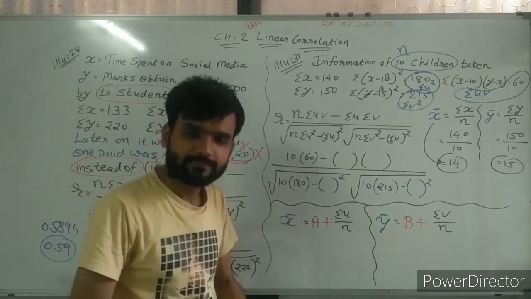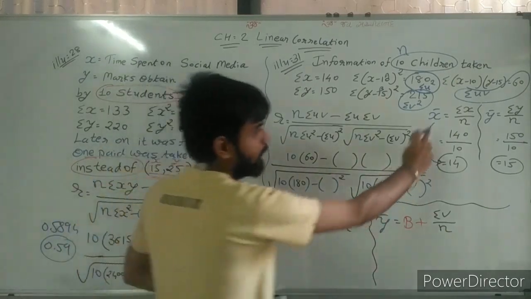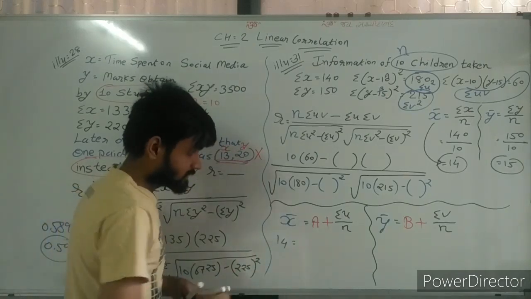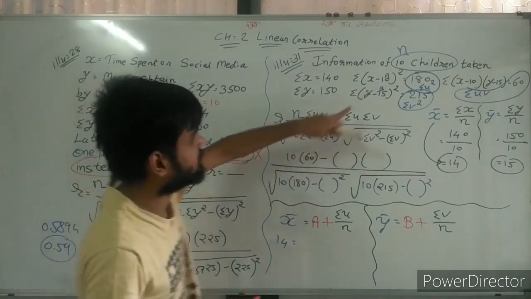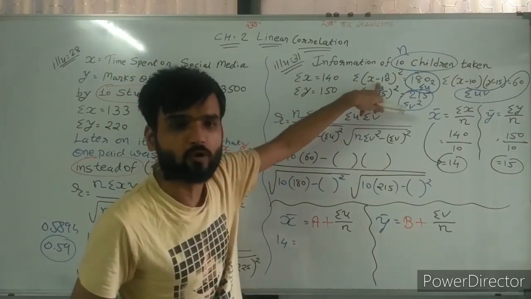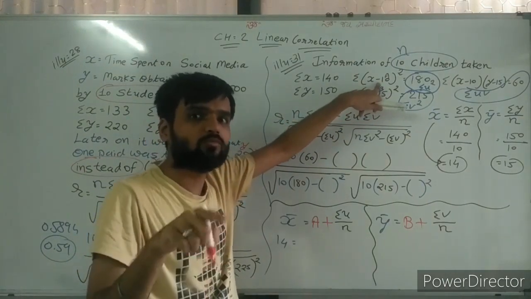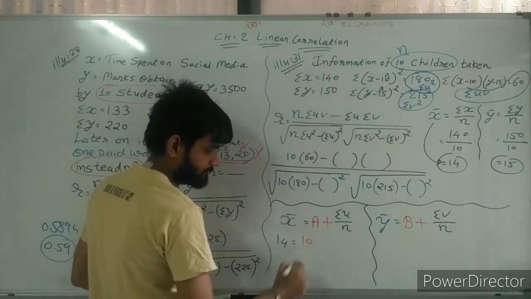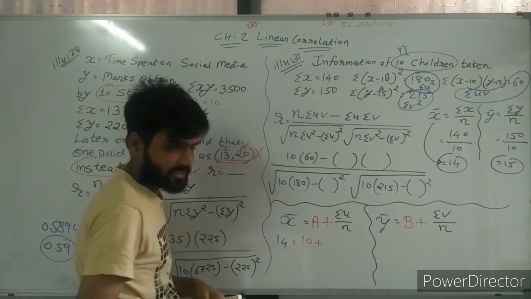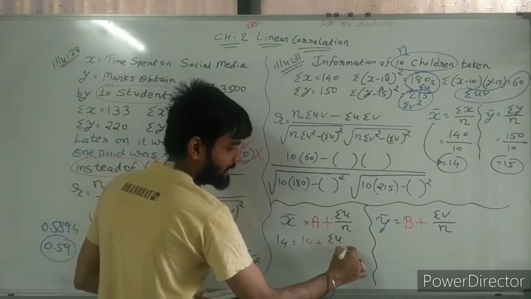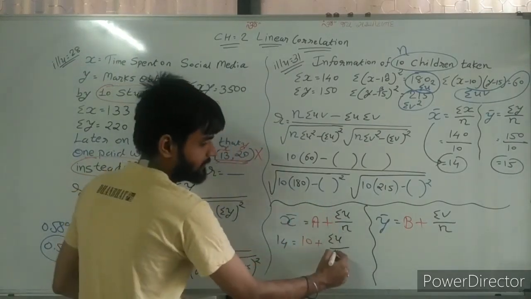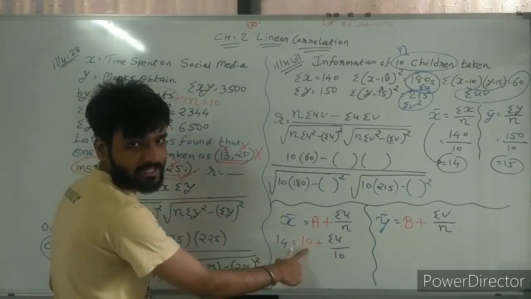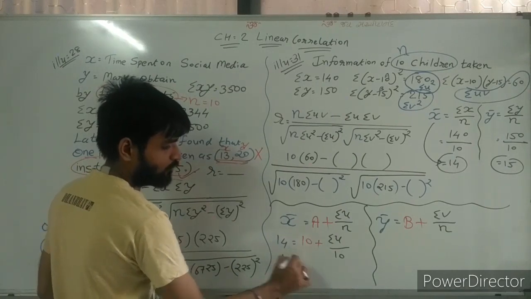Now solving, see here. We know x bar is equal to 14, so write down 14. What is the value of a? Here a is the assumed mean, 10. So 10 plus sigma u, which we need to find, upon n, which is 10. First change the side of 10. 14 minus 10, answer 4.